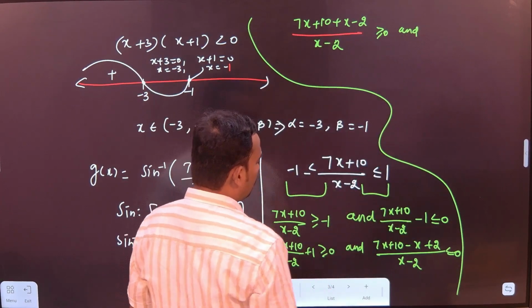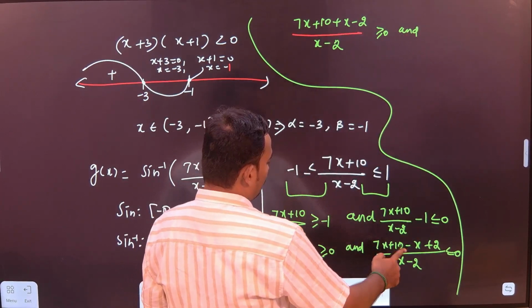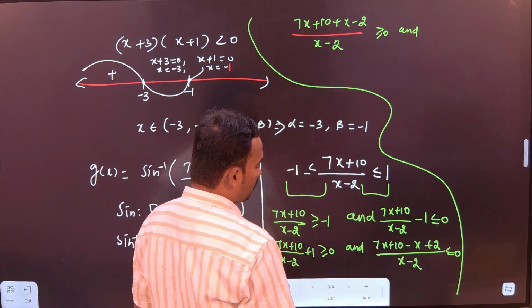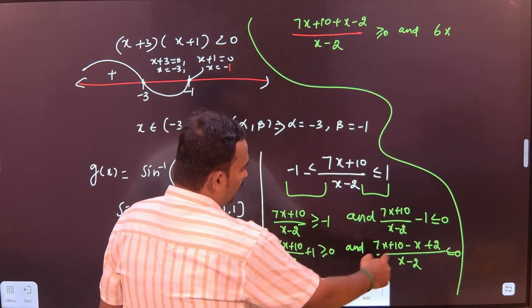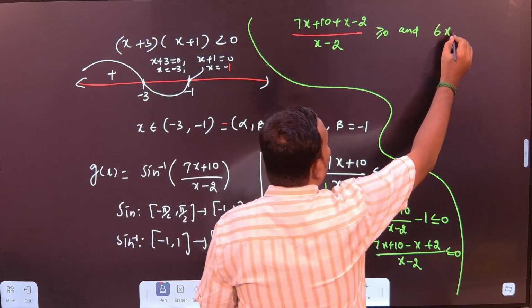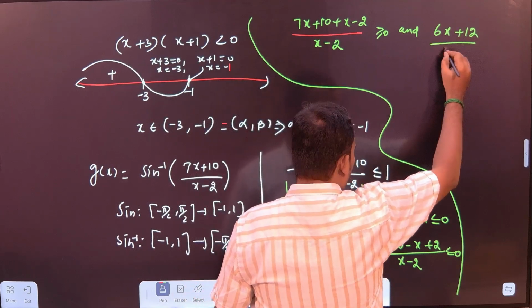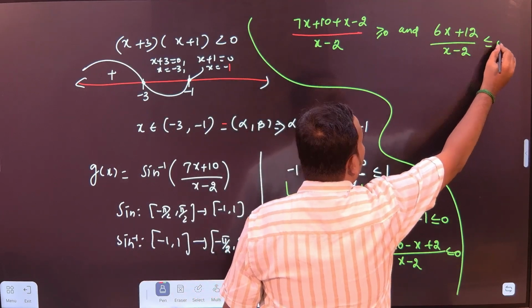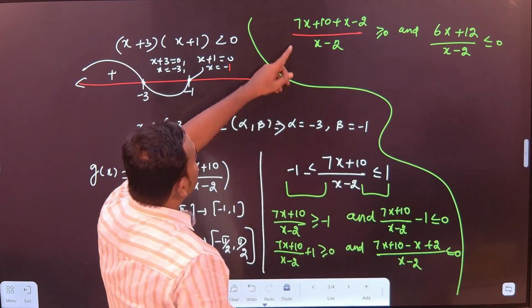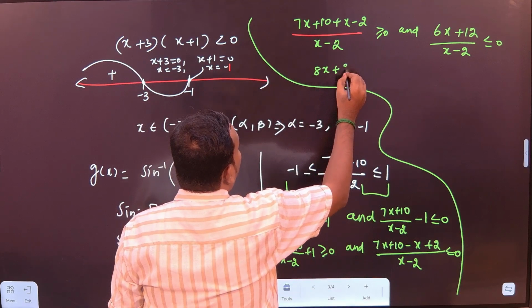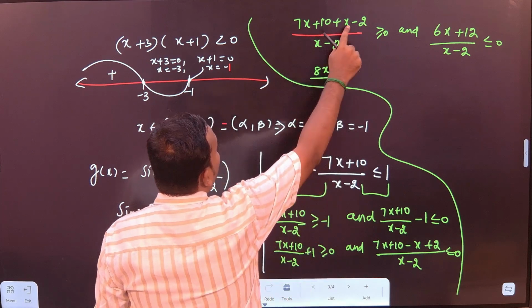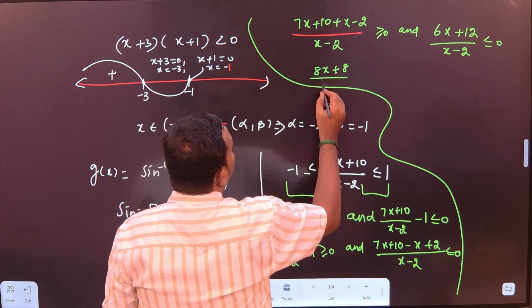And 7x minus x is 6x, plus 10 plus 2 is 12, so 6x plus 12 divided by x minus 2 is less than or equal to 0. Now 7x plus x is 8x, 10 minus 2 is 8, yes, correct.